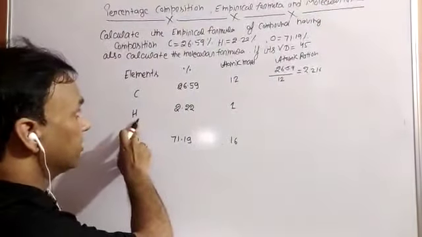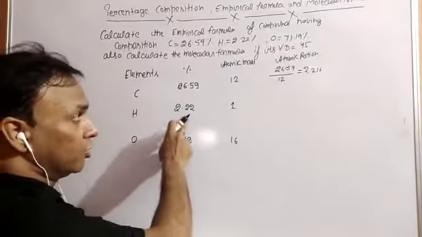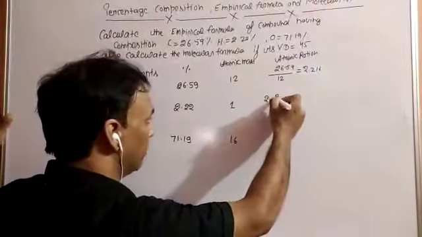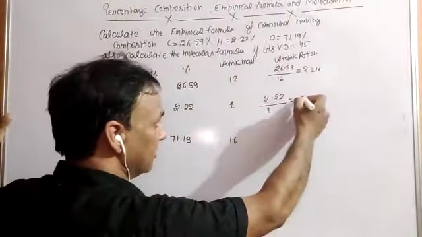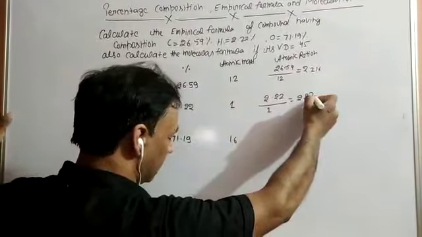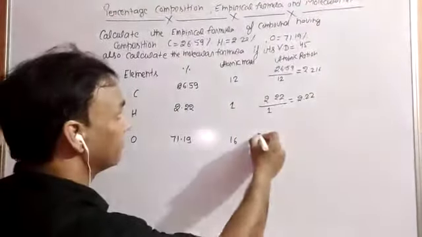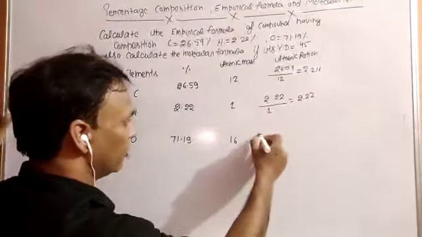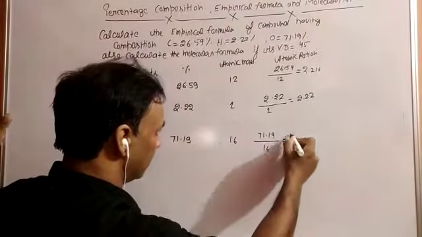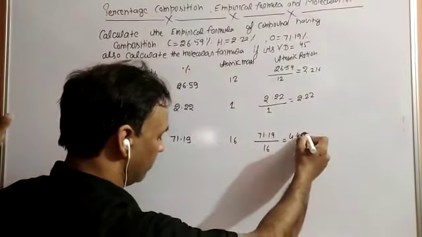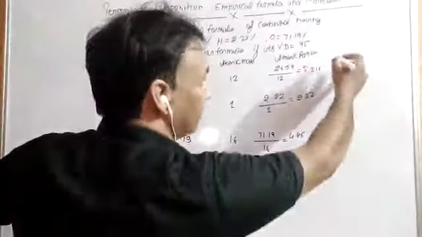Similarly, the atomic ratio of hydrogen means the percentage of hydrogen, 2.22, upon atomic mass 1, that is equal to 2.22. Clear? Similarly, the atomic ratio of oxygen is the percentage of oxygen, 71.19 upon 16, that is approximately 4.45.